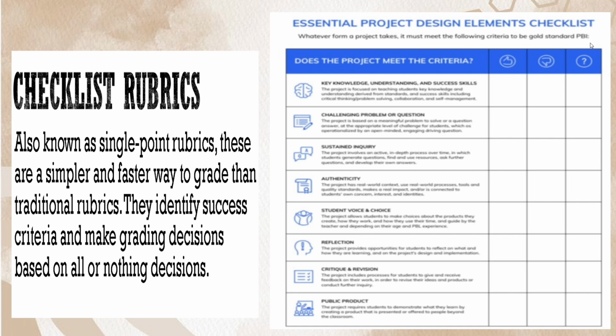Checklist rubrics, also known as single point rubrics. These are a simpler and faster way to grade than traditional rubrics. They identify success criteria and make grading decisions based on all-or-nothing decisions.